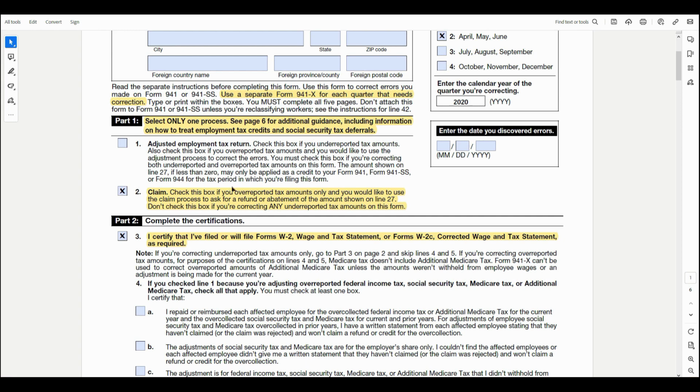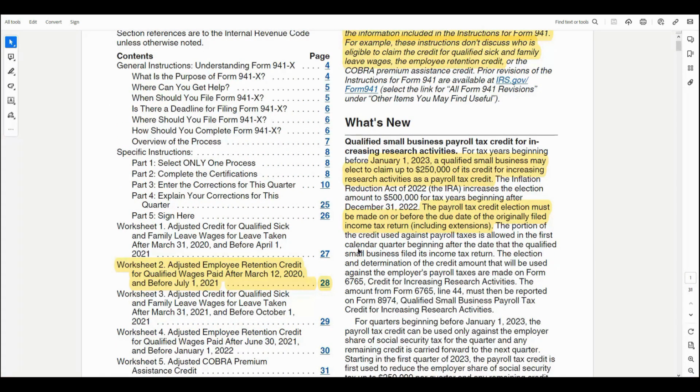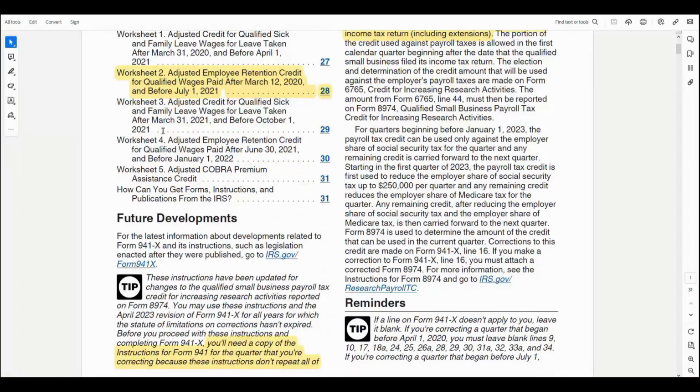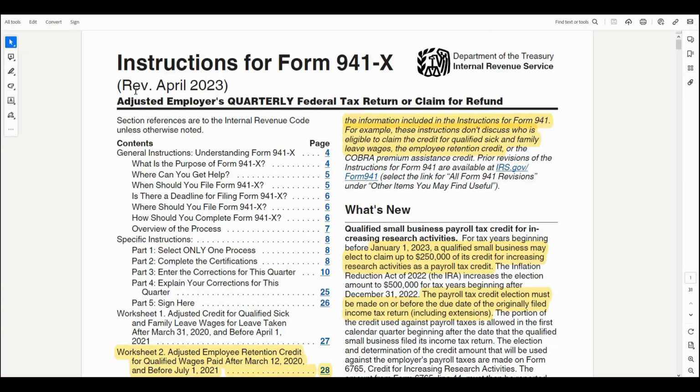So what you want to do is obviously go to the instructions. They're telling you go to the instructions for guidance. So part one, I already have it checked here, okay, and I highlighted what this is for. But we're still going to go here and find out what we're talking about. So I did highlight on the instructions. You'll notice this is the most current revision that they have for the 941X instructions.